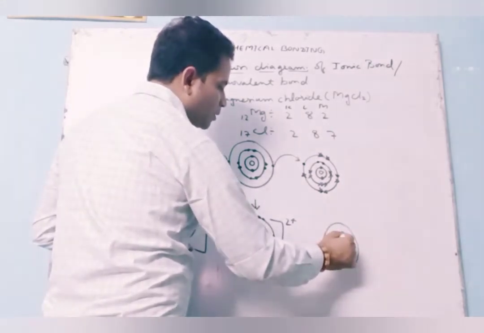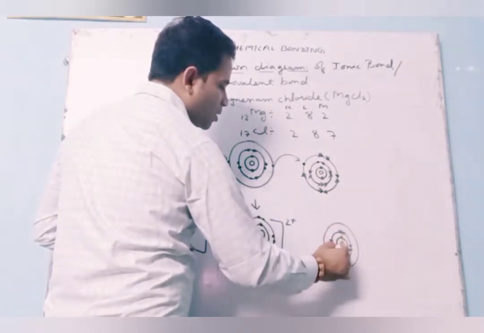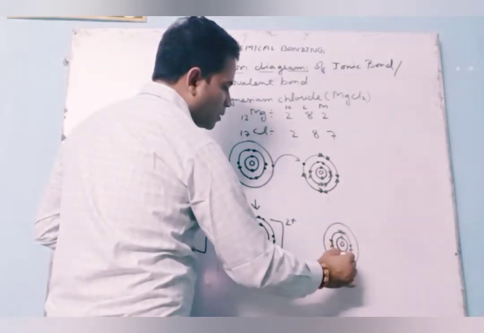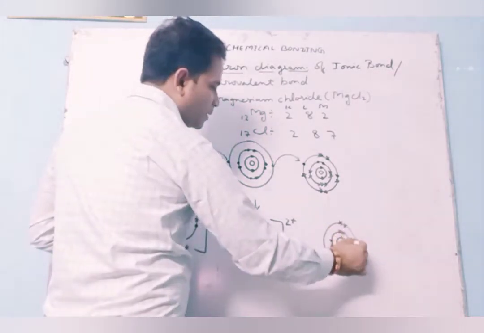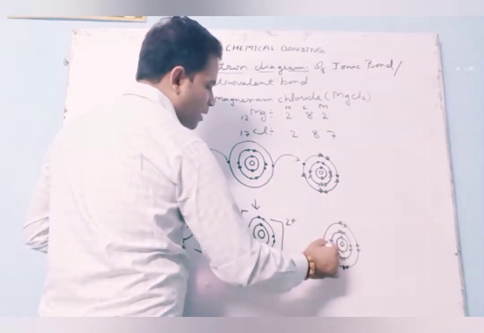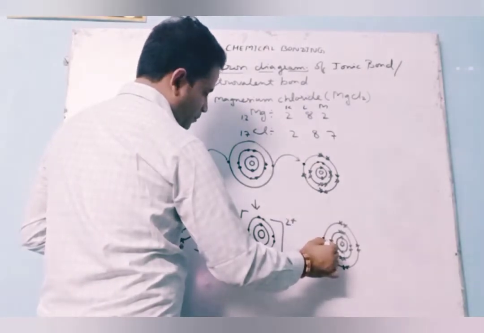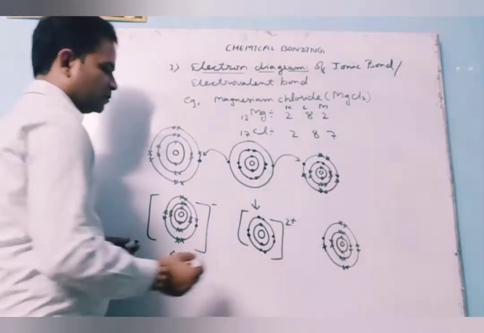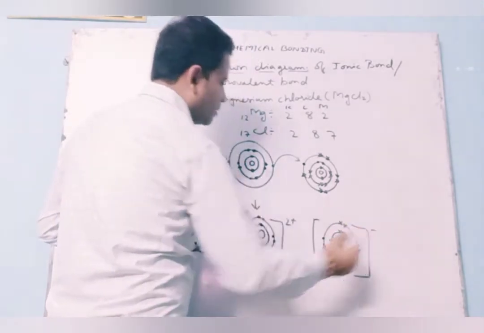Here the 2 electrons, 8 electrons in their second orbit. Now in the third orbit also it becomes stable by gaining 1 electron from magnesium. So here again you mark a minus charge.